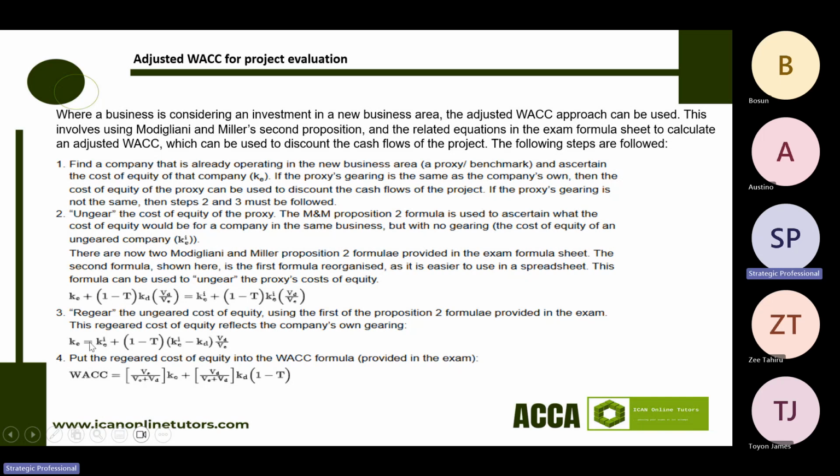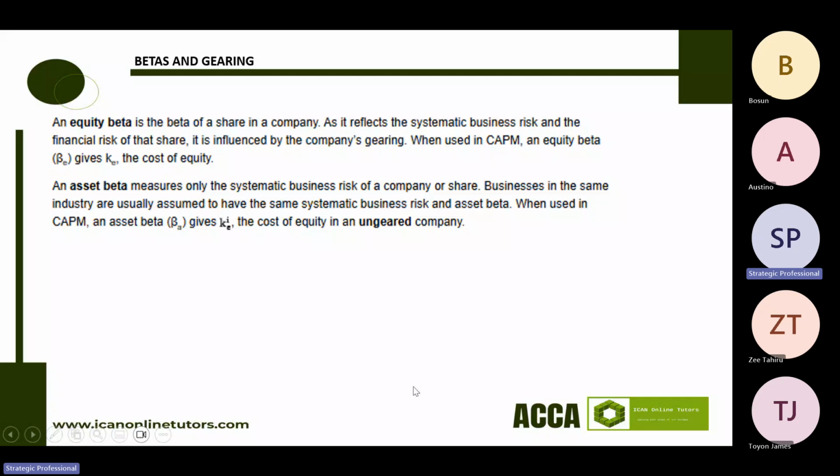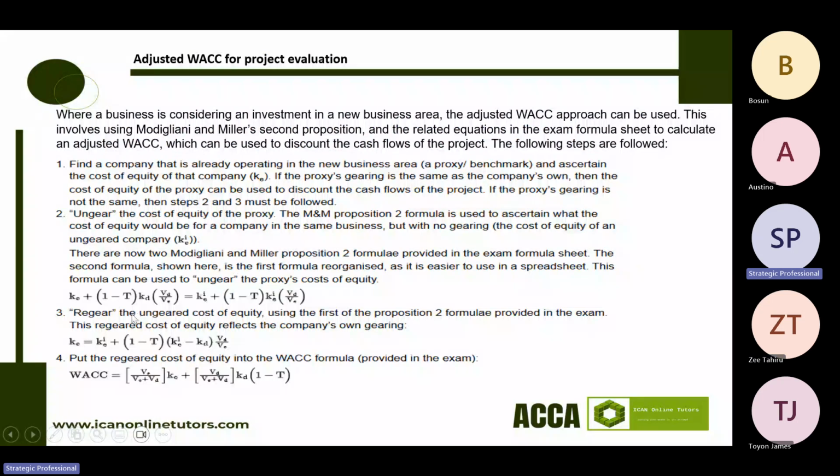After you've gotten your ungeared cost of equity, you will now regear. I want to get the right cost of equity that will be applicable to my own gearing structure. So when you are regearing, in this number 3, you now want to get your own cost of equity.